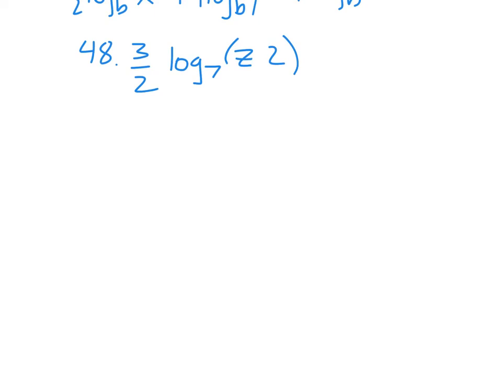Which properties do we have to apply? Can we apply the quotient property to this one, or is it no because it doesn't have a log base in front of it?